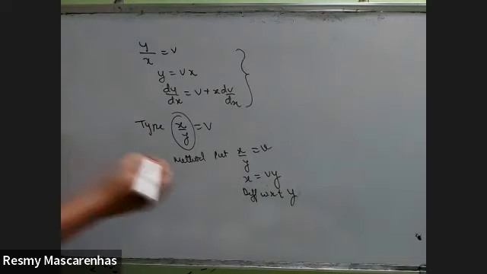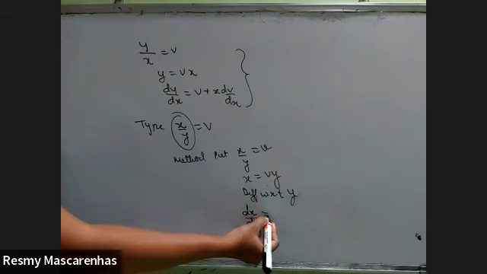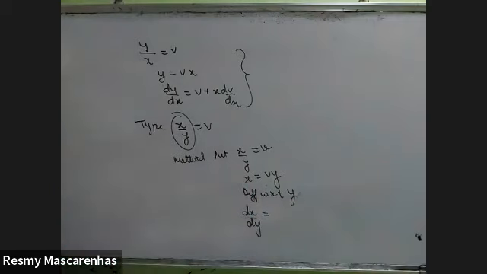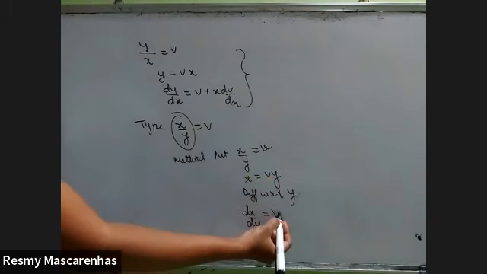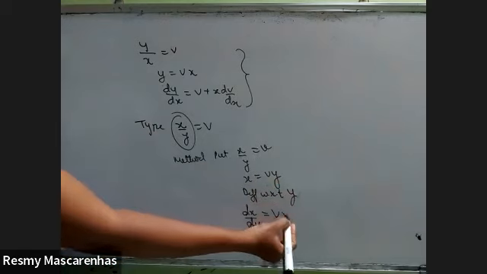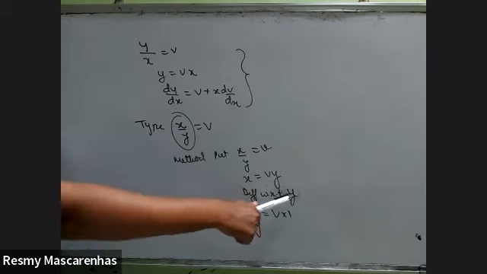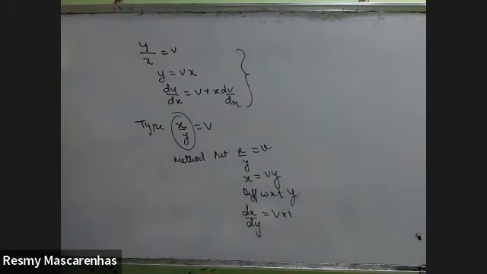So how is it going to be? Now dx upon dy will become, using the u into v rule, copy paste this as it is. What is the derivative of y with respect to y? It will be 1. Now we don't have to write extra dy by dx because we are differentiating y with respect to y only. If the same letter we differentiate, straight away we write it as 1.